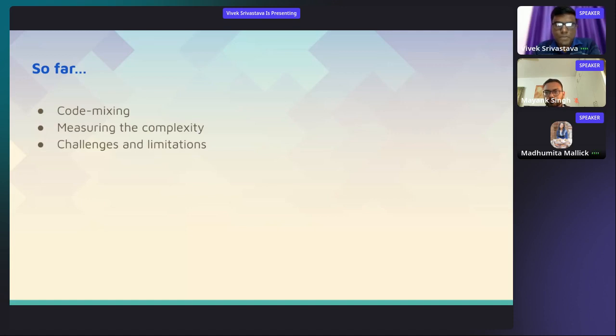Okay, I think we have more questions coming. One is, where can you apply code mixing? Is it part of pre-processing or tokenization? The application of code mixing is in various domains. Let's say you pick a simple task of searching a particular item, maybe for recommendation, maybe for retrieval of documents, or retrieval of tweets.